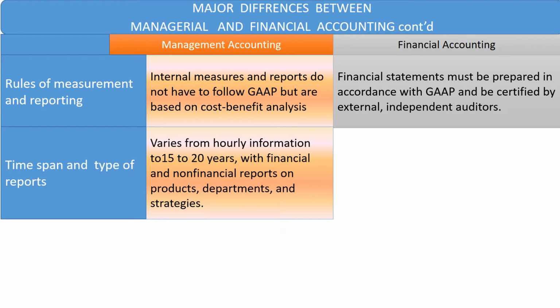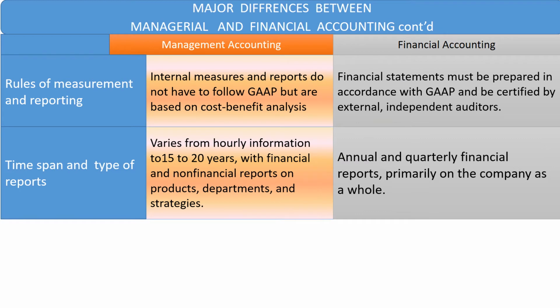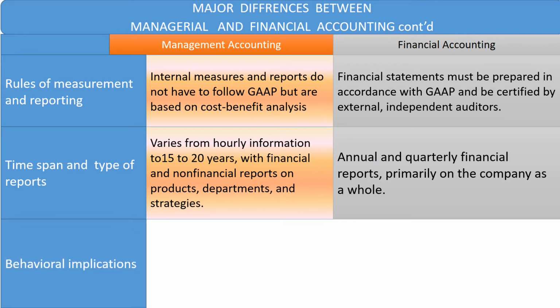management accounting varies from hourly information to 15 to 20 years, with financial and non-financial reports on products, departments, and strategies. In financial accounting, annual and quarterly financial reports primarily on the company as a whole.